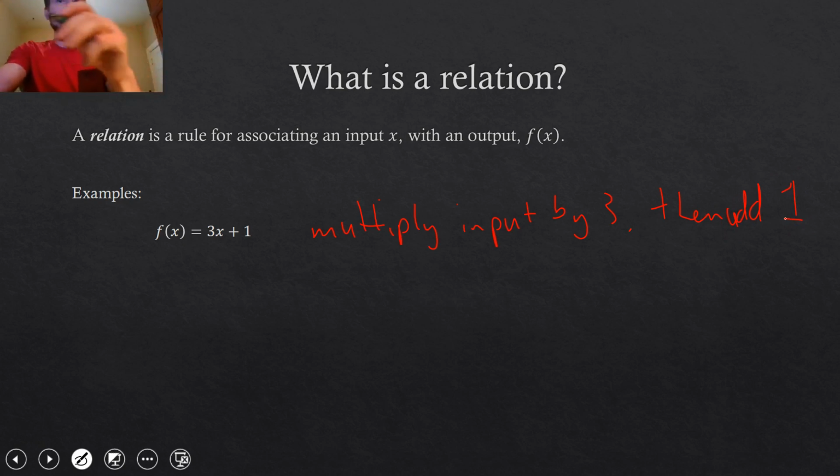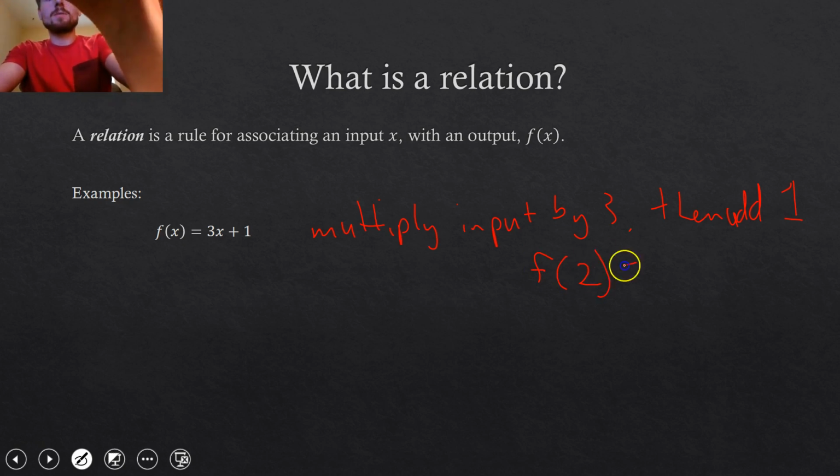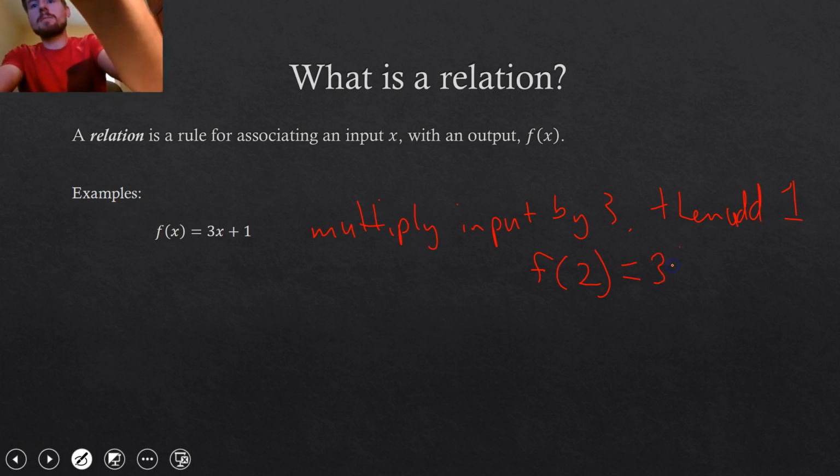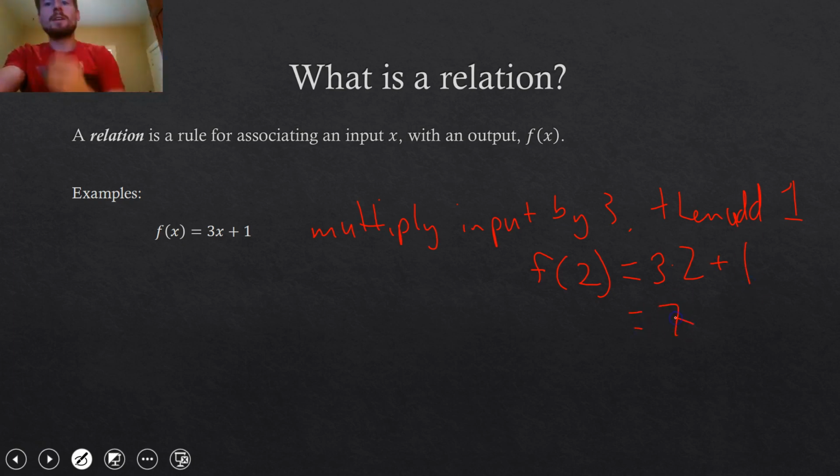So here's some example relations or evaluations we could do. We could say f of 2, what would that equal? You multiply the input by 3, and then you add 1 to it. So let's try that. This is going to be 3 times 2 plus 1, which is 7, right? So you can find an answer.